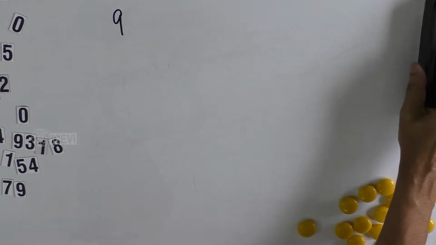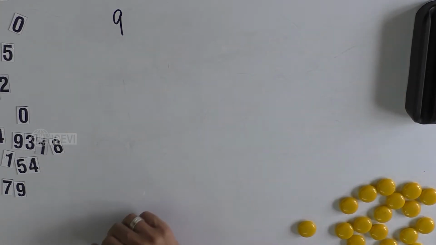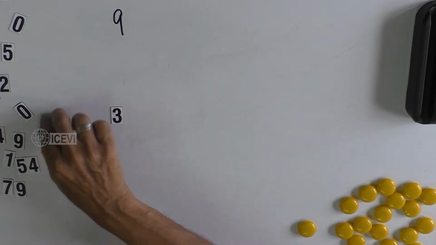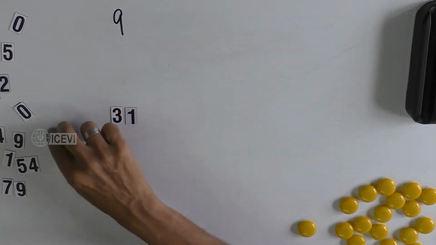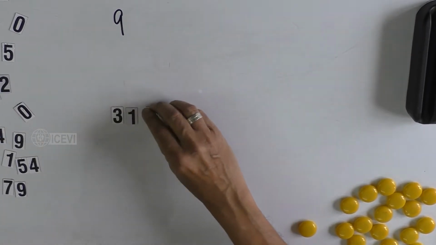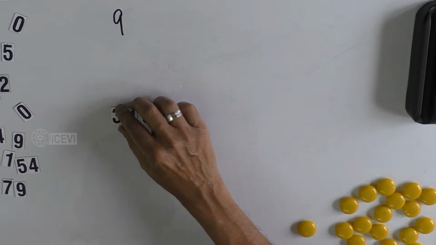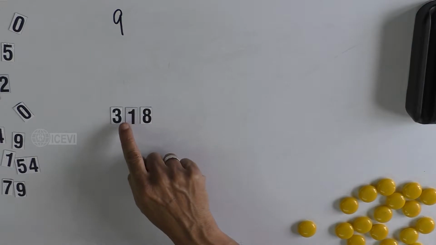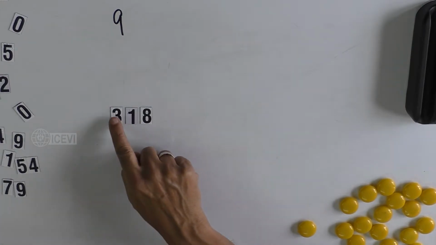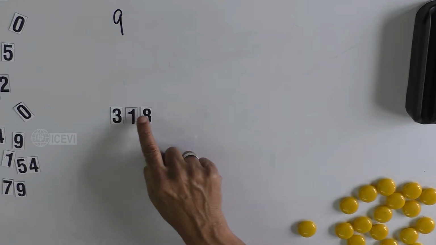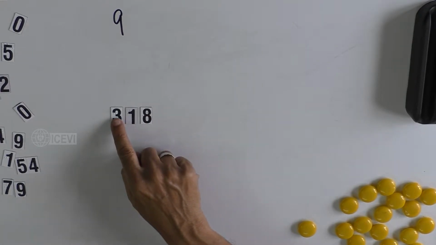This is similar to number 3. Now let us take the number 318. In the case of the test of divisibility for number 3, we added all the digits. 3, 1 and 8 were added.